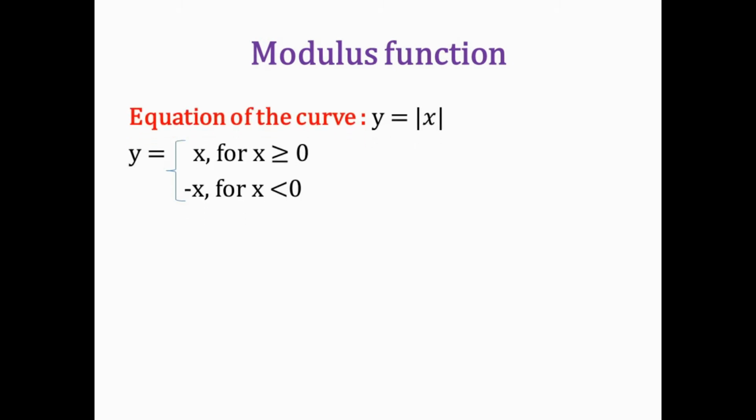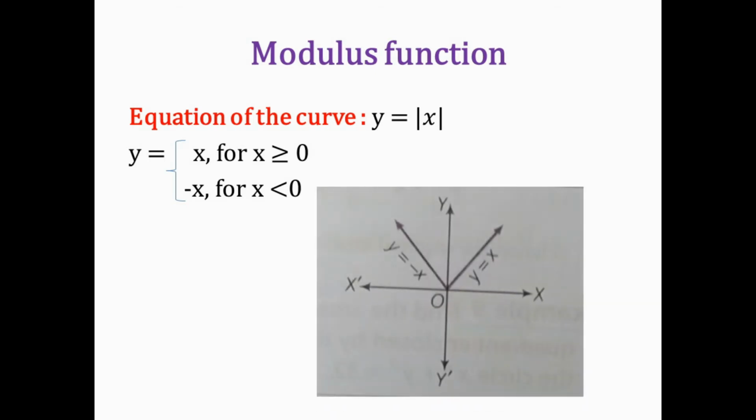The next one is modulus function. Suppose we get a modulus function in the question, like y is equal to modulus of x. For this, we have two different conditions. What are they? x will be either greater than or equal to 0, then we call that as x. Minus x when x is less than 0. Now for this, how does the graph look?